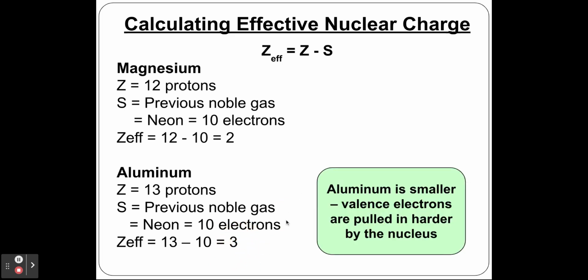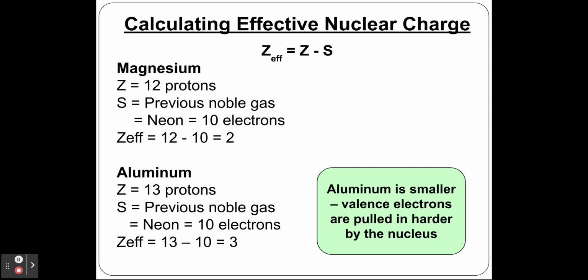So aluminum is smaller, right? So if we're looking at the size of the aluminum versus size of magnesium, we learn that larger effective nuclear charge means that the charge is larger. So we're going back to Coulomb's law. Coulomb's law says that larger charges are going to have larger effect. So if the effective nuclear charge is larger for the aluminum, then that's going to attract more strongly the electrons.